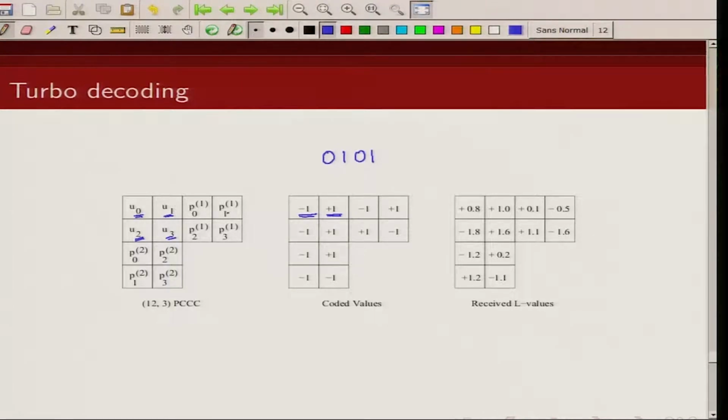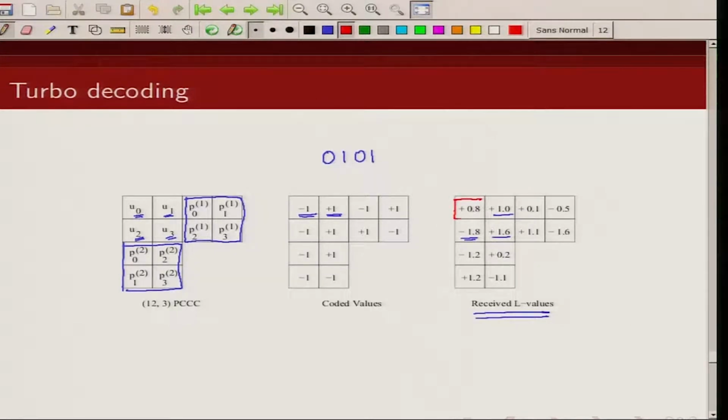These are the corresponding parities for this information sequence from encoder 1, and these are the corresponding parities from encoder 2. Now, what I have here are the received values. You can see here, this was transmitted as plus and I received a plus, this was transmitted plus and I received a plus, this was transmitted -1 and this was a minus, but here the sign has changed.